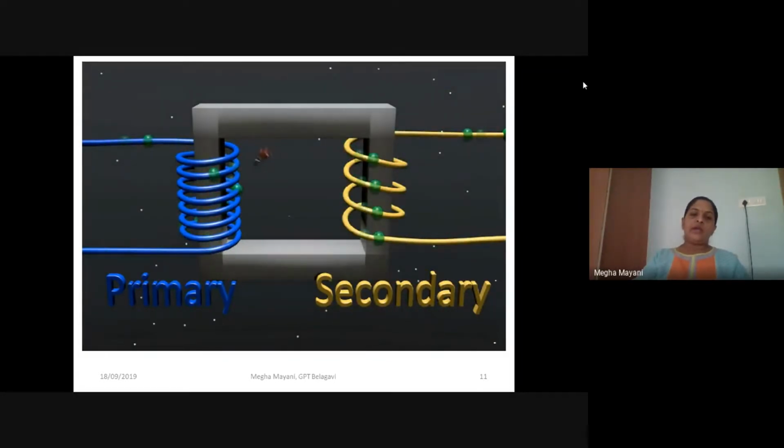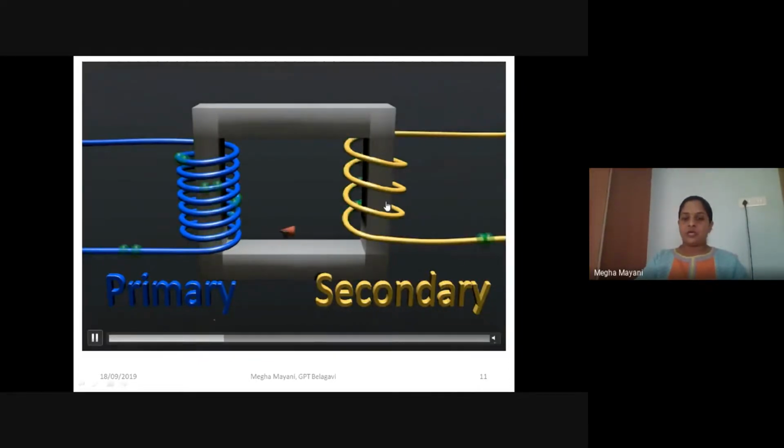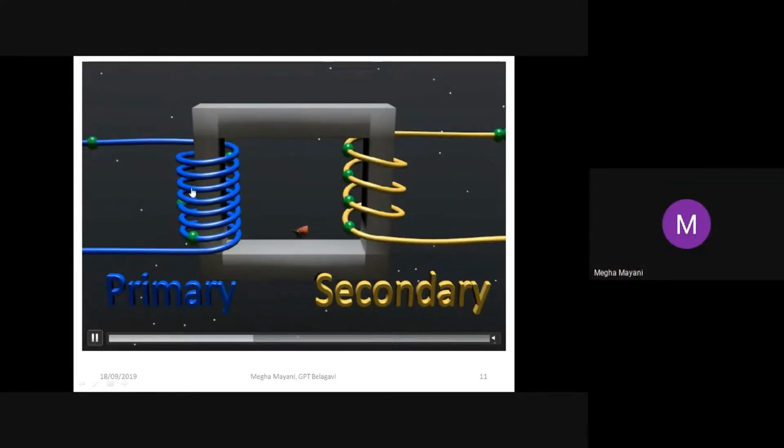Now though you don't have any energy fed to the secondary coil or the second coil which is shown here, still we have the movement of carriers, or we have the flow of current in this coil through the principle of induction. So the source which is connected to the primary will be responsible for the flow of current in this coil through the flux.